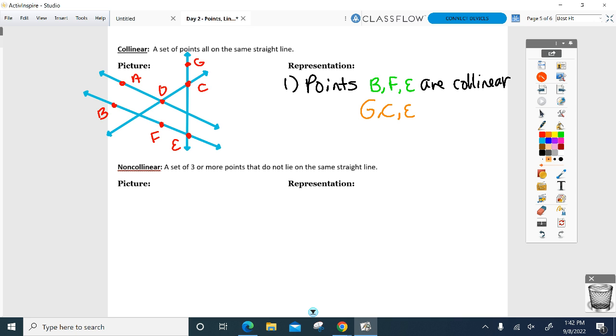All right, non-collinear points. Not on the same line. Here I won't make your life difficult. Can we use the same diagram? Same diagram as above. So give me three points now that are non-collinear.